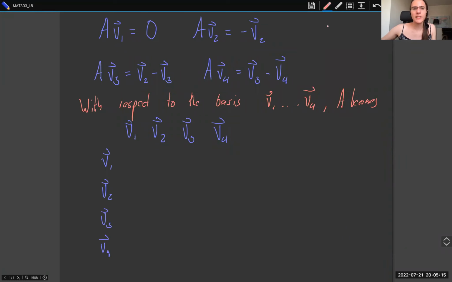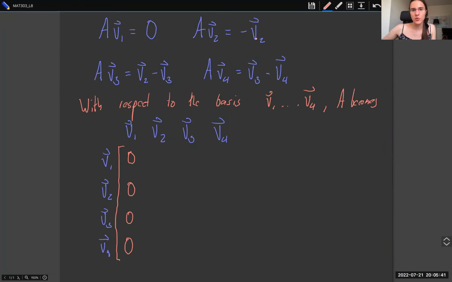And what you're going to do is write how A of V1 can be expressed in terms of the other vectors. So what is A of V1? Well, A of V1 is 0, right? So in terms of the other vectors, it's just 0 times all of the other vectors.